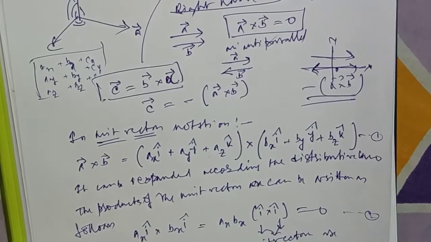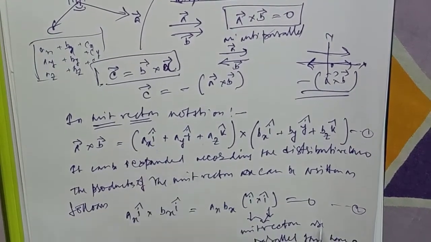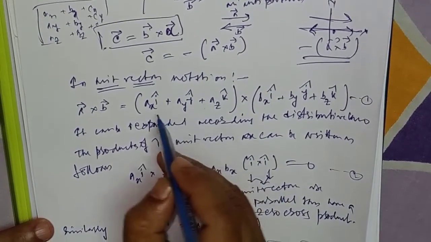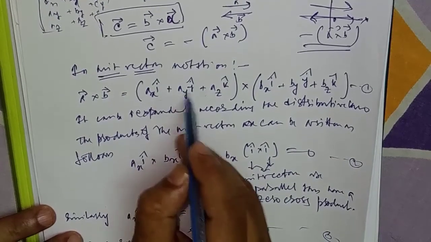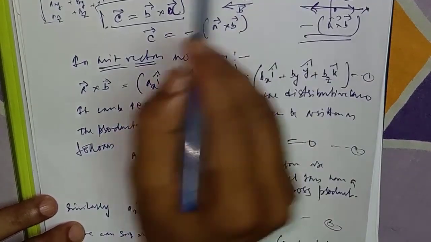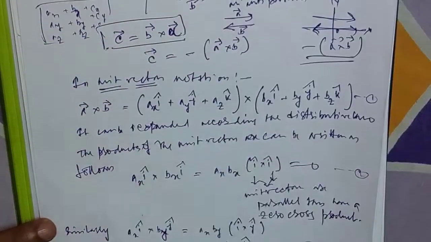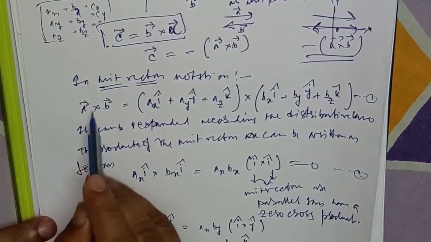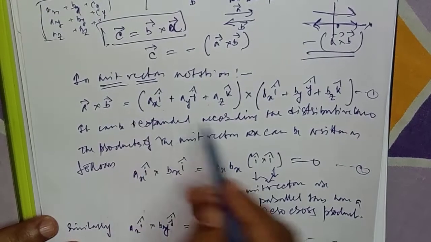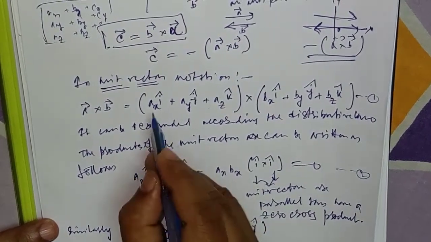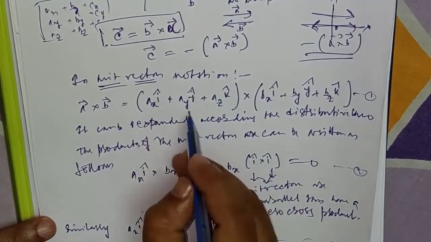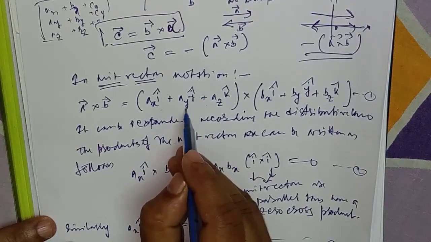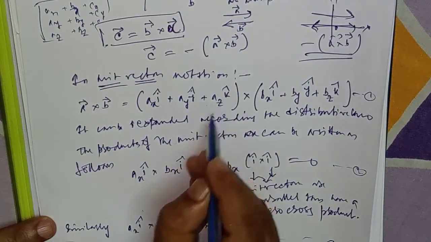For the unit vector notation, what we have learned: i cap, j cap, k cap signifies the A vector, B vector, C vector accordingly. So here, A vector into B vector, using components: ax i, ay j, and for z it is k.